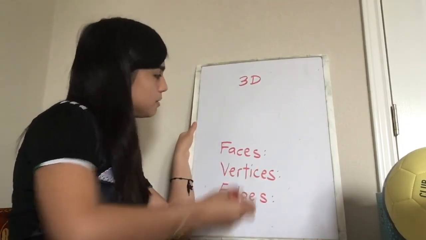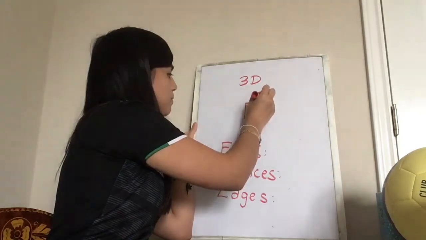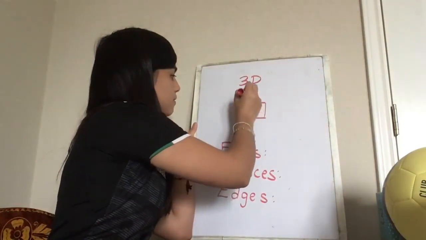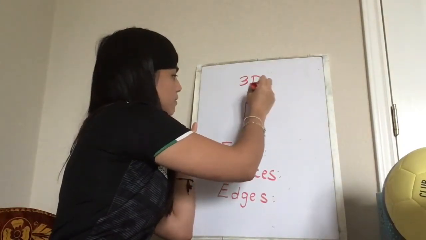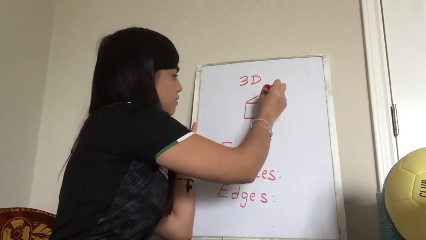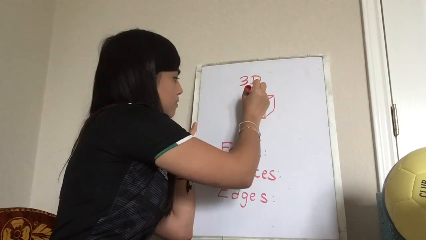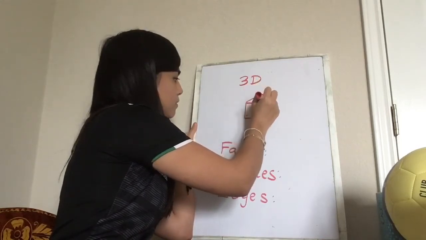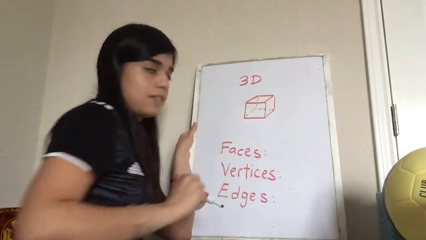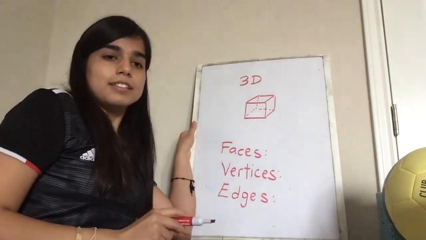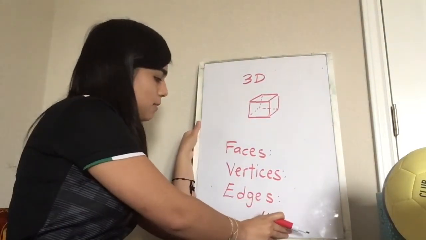Alright, so we'll try first with a cube. Okay, something like that. Now let's look at the faces, okay?